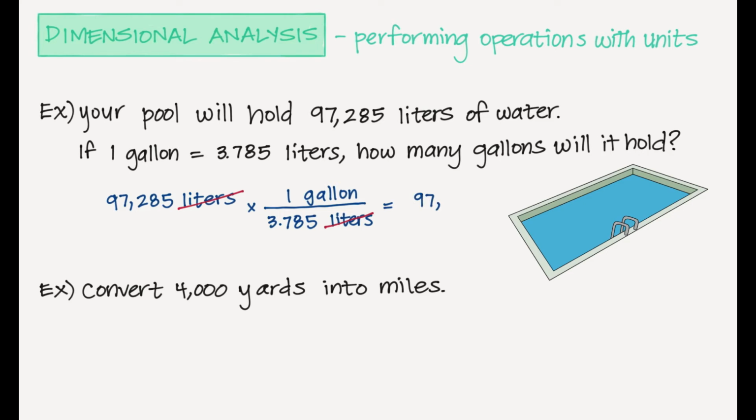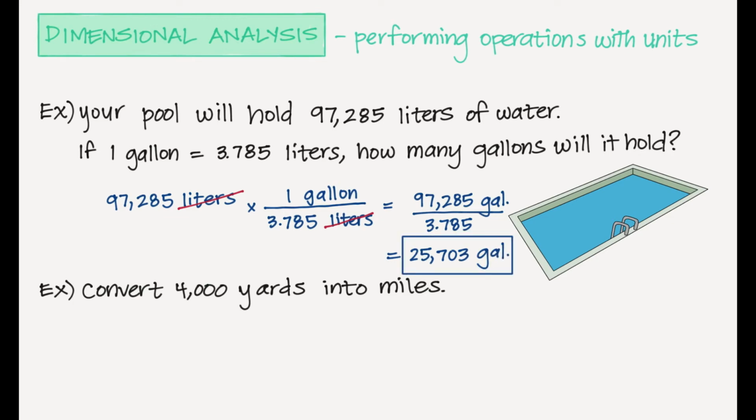So then I'm left with 97,285 gallons divided by 3.785. And when I do that division, I come to my final answer, which is going to be 25,703 gallons of water. That's a lot.